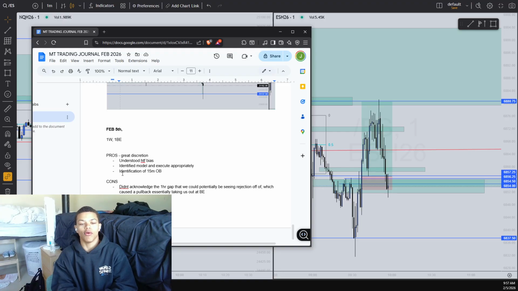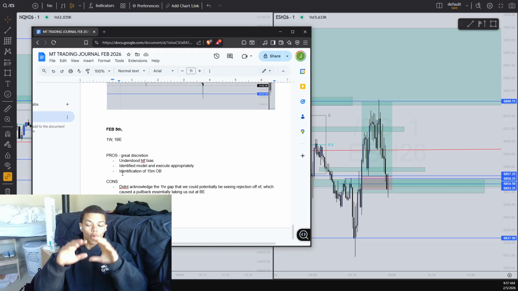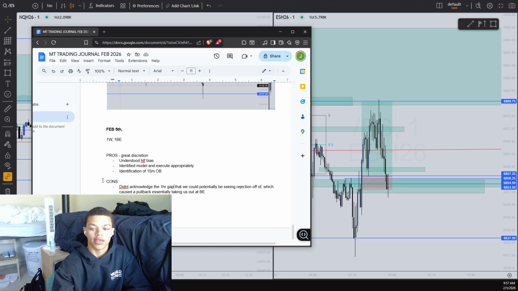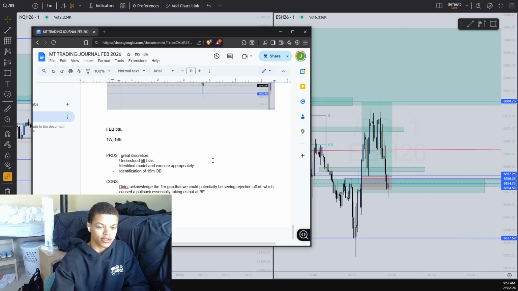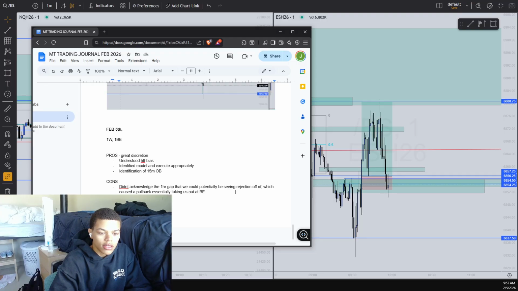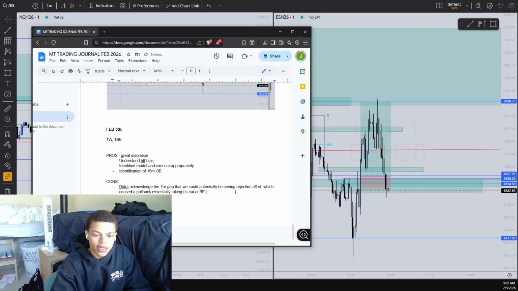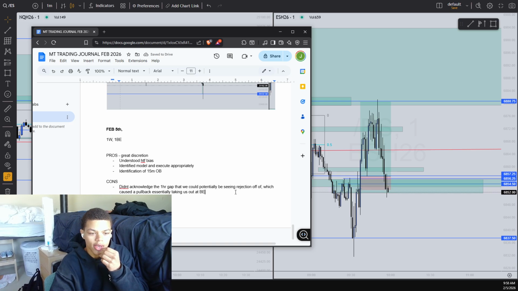You have to look at both of them to understand the whole picture of what's happening between both of them. They're like brothers, twin brothers. They have minor differences, but it matters. Break even. All right, so which caused a pullback, essentially taking us out at break even.